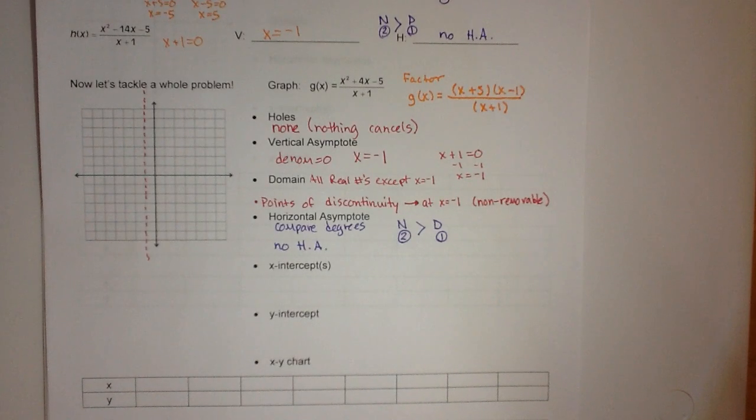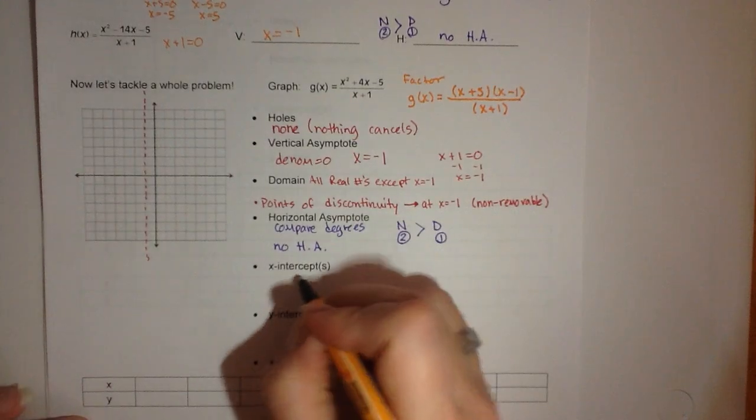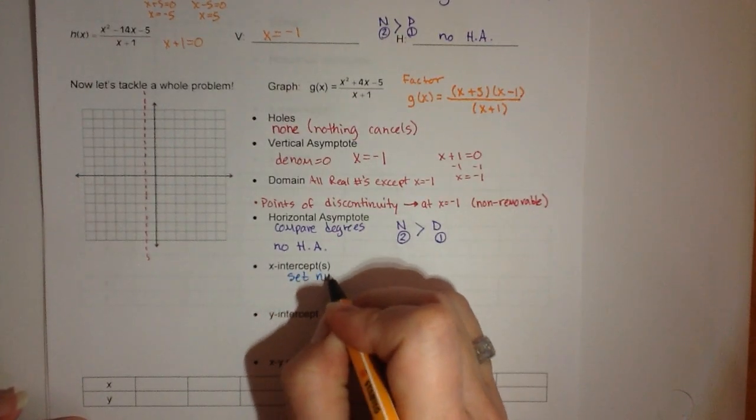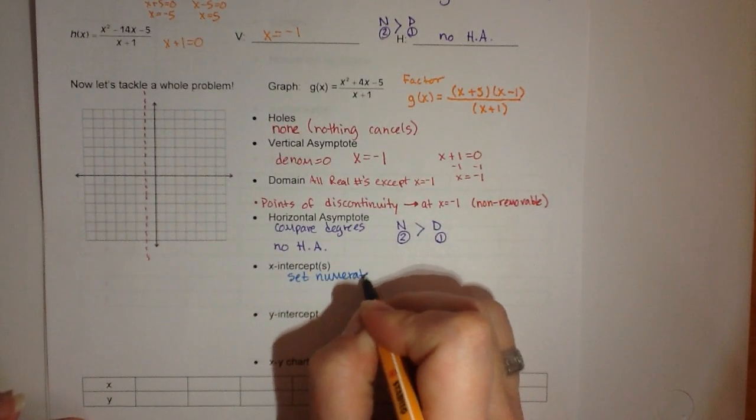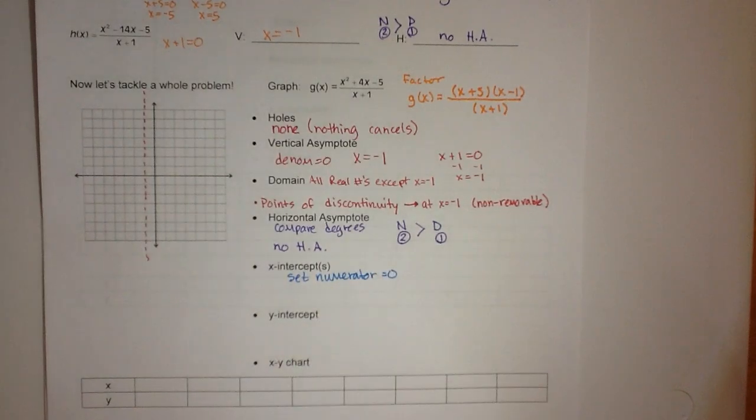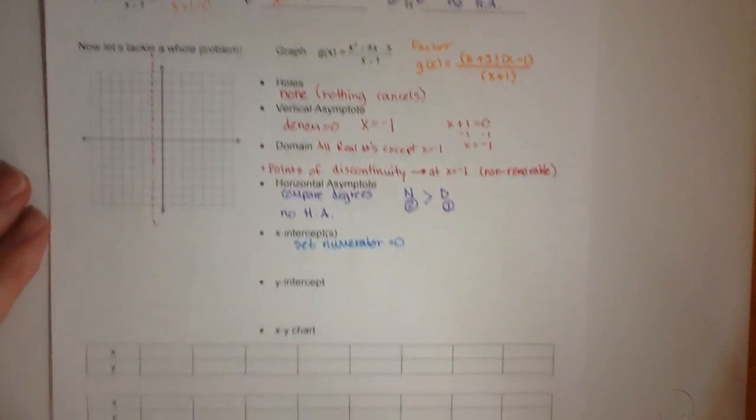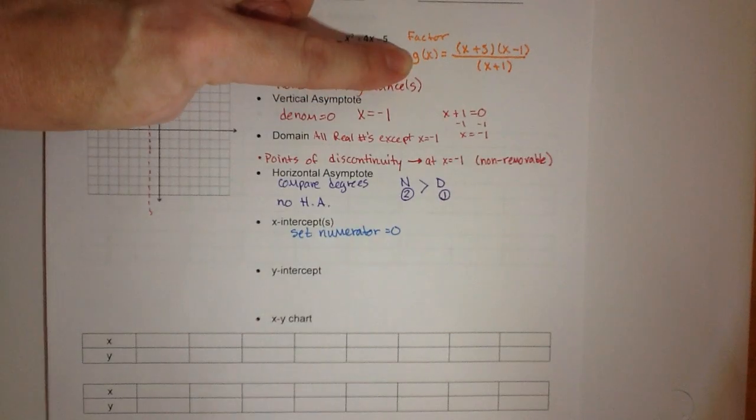X-intercepts. We find x-intercepts by setting the numerator equal to 0. So I'm going to set the numerator equal to 0, and I prefer to do that after it's been factored and canceled. There wasn't anything to cancel on this one, so I'm just going to go from my factored form.